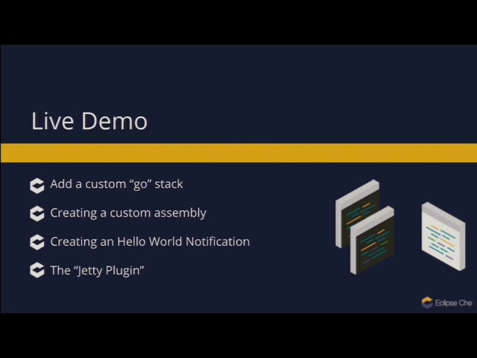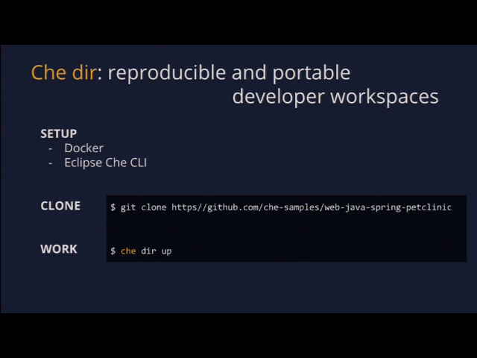You could use Che IDE, and Che IDE is a very convenient way to onboard developers to your project, because it only requires Docker and Eclipse Che CLI. So the only thing that the developer will have to do will be to do a git clone and then do a Che IDE up, and it will spin up a developer workspace on demand for that.